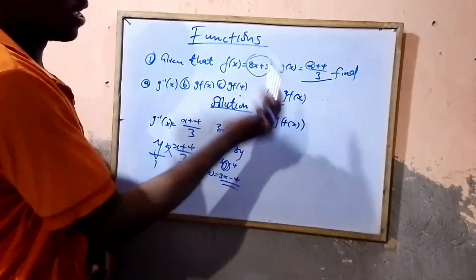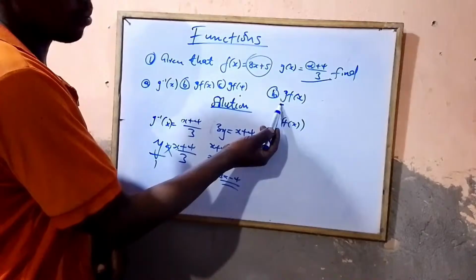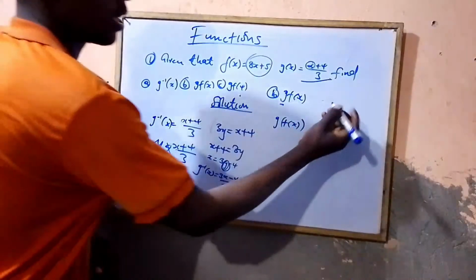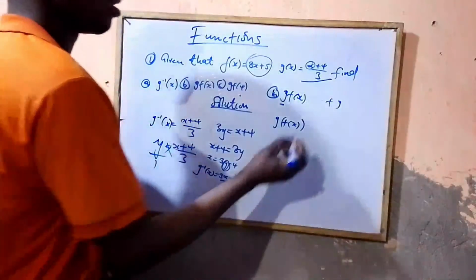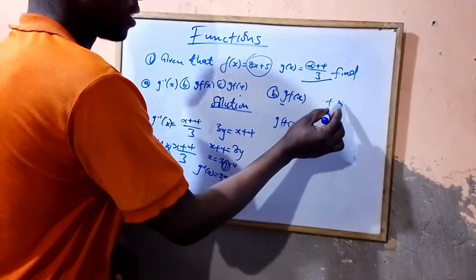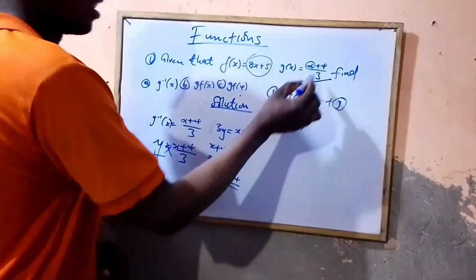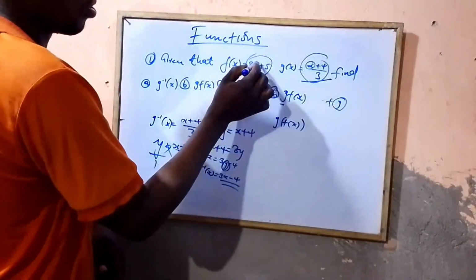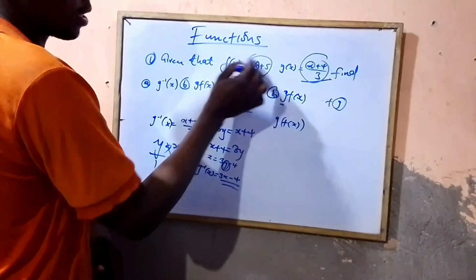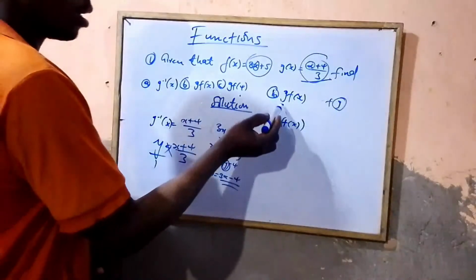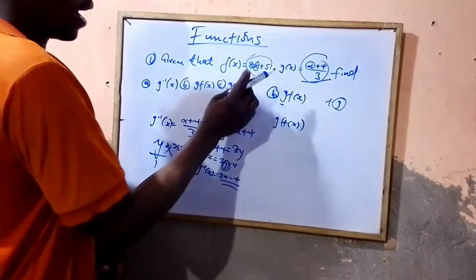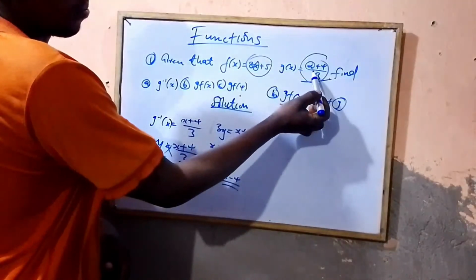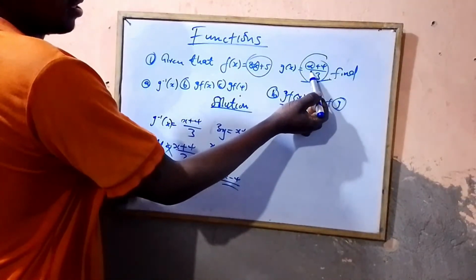But pay much attention to this first letter here. When it comes first, like when saying f of g, that means you have to take the function of g to substitute where the x is. In here we have g of f of x, so that means we are substituting this function f into the g function.